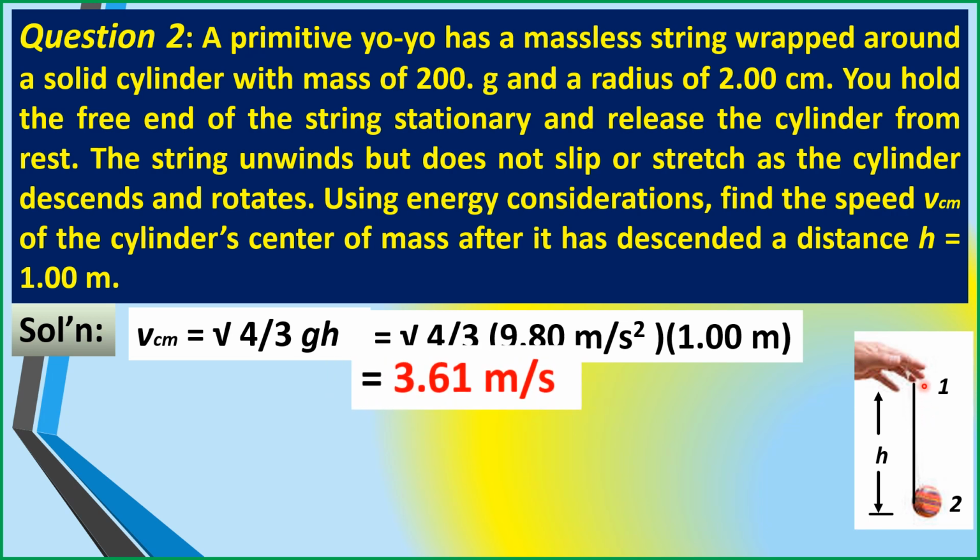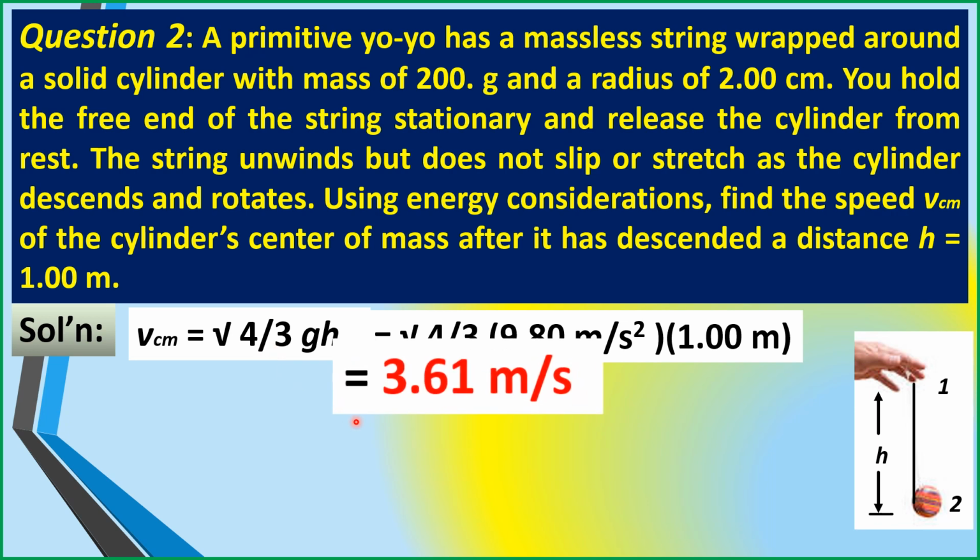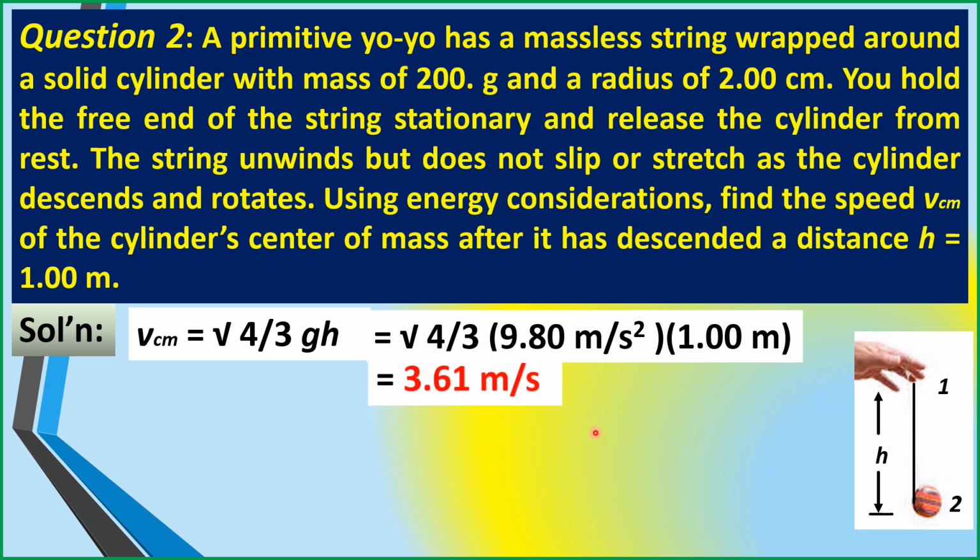For example, if the object is just dropped from rest and travels a distance h, then the formula for determining the final speed, or the linear speed, would just be equal to the square root of 2gh.